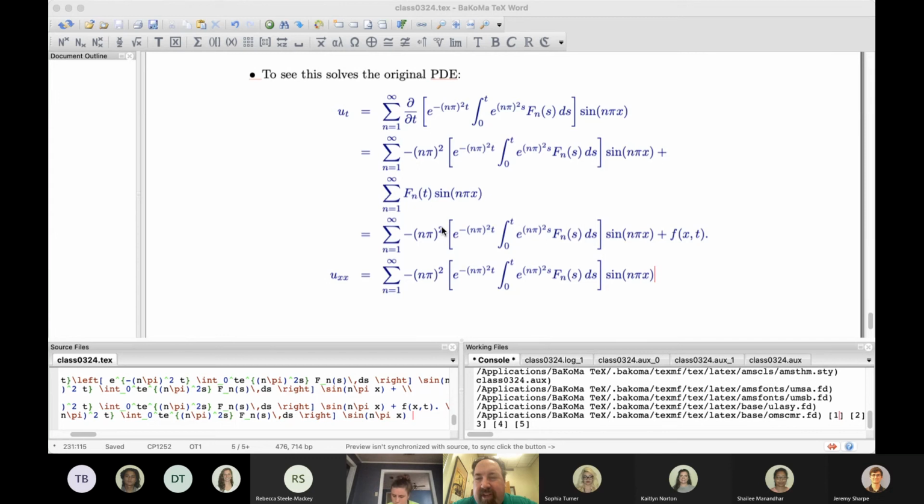Oddly enough, the second one, 19.2, is one that can be solved without too much trouble, just because of the convenient choice of homogeneous boundary conditions, and also you have this simple form of initial data. I think it was sine pi x over 2 or something like that.